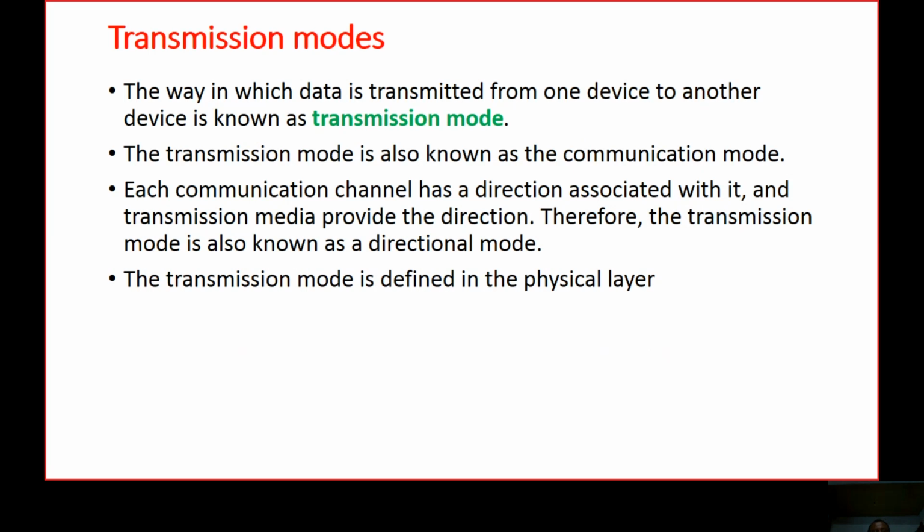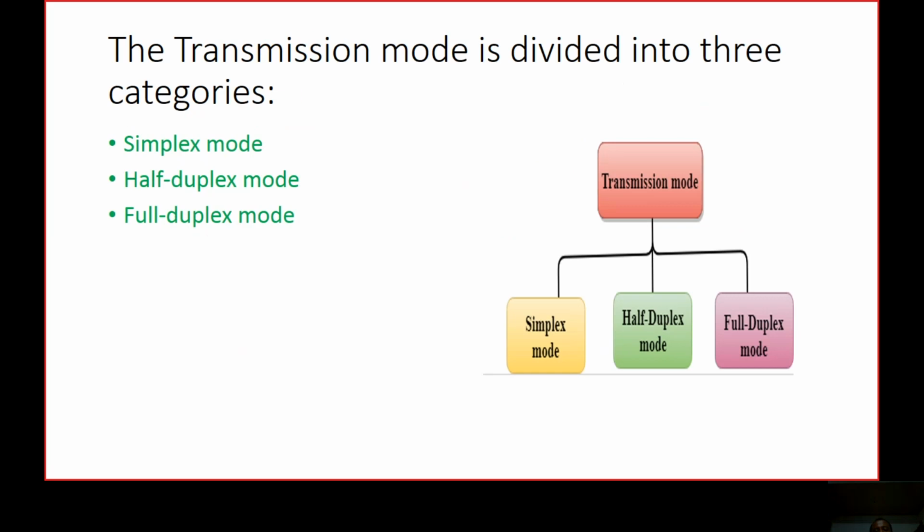Therefore, transmission mode is also known as directional mode. It is defined in the physical layer. We have three types of transmission mode: simplex mode, half duplex mode, and full duplex mode.